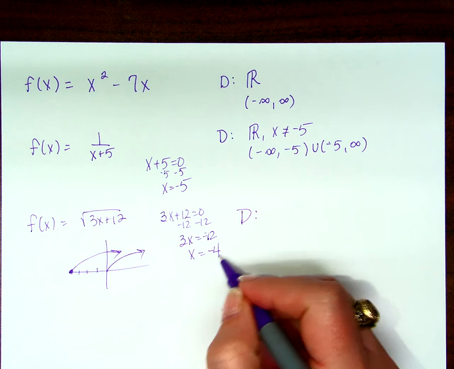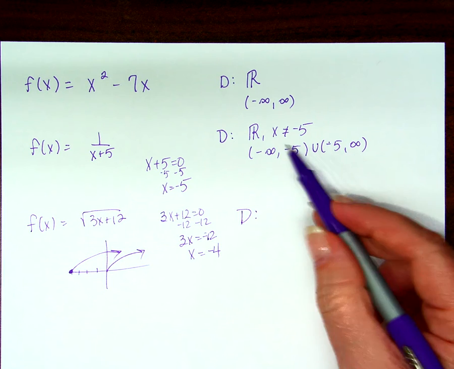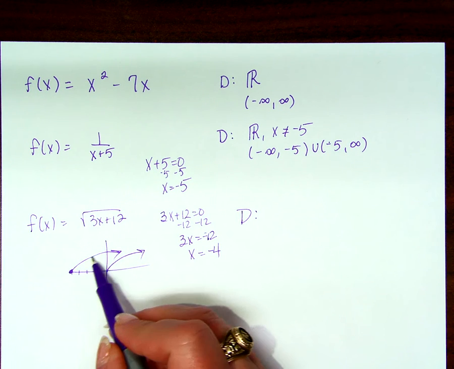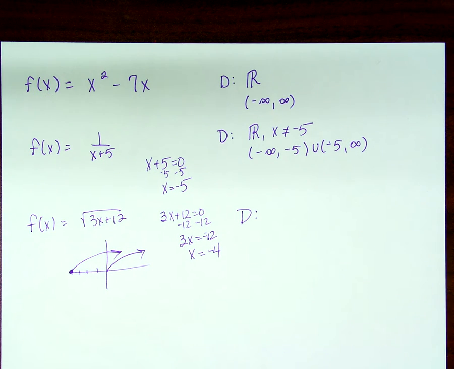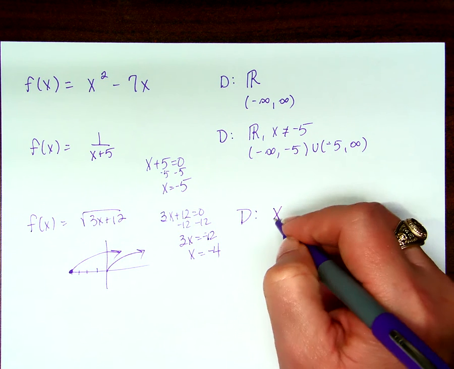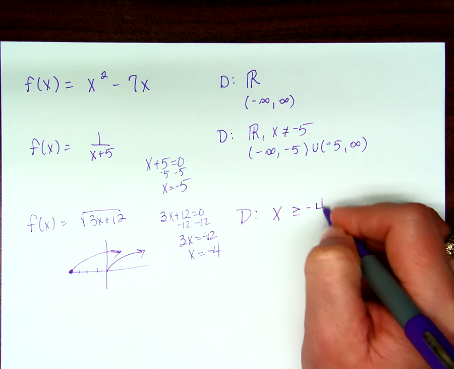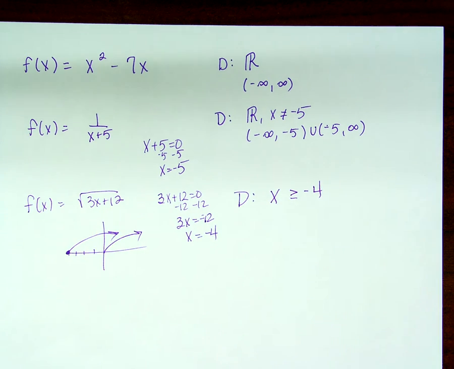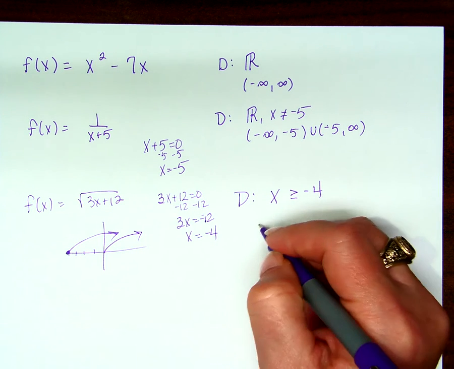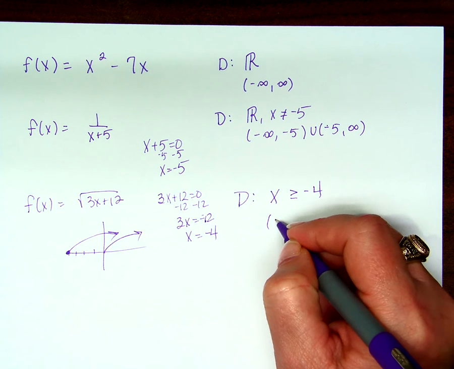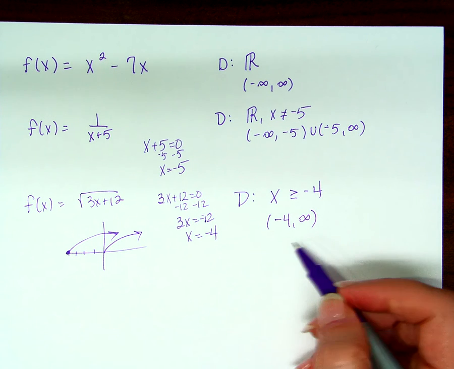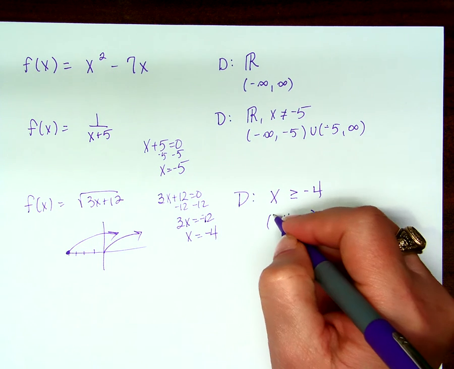I know it has something to do with negative 4, but is it x is not negative 4, or is that the starting point of my domain? It is. So x is going to be greater than or equal to negative 4. It's allowed to be negative 4. If I put a negative 4 in here, I just get 0, and I can take the square root of 0, can't I? So I would say negative 4 to infinity. Except this is wrong. Tell me how to fix it. Good.